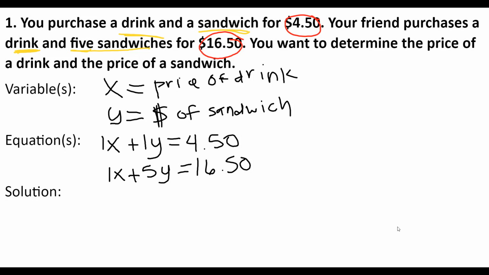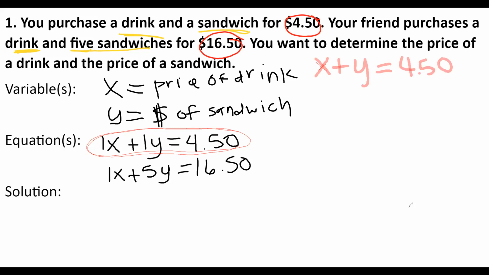That means we want to solve either equation in terms of either X or Y. So I'm going to solve this equation, and I want X to equal something. We have X plus Y equals $4.50.